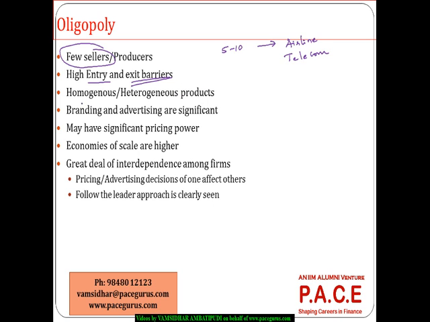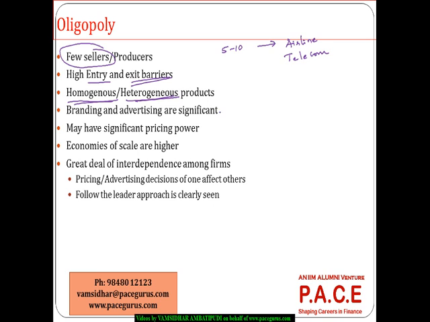And in some cases, the products could be homogeneous or they could be differentiated. If they are differentiated, obviously advertising and branding costs are much higher. Even if they are homogeneous products, the advertising costs are high, because it has to be a kind of buzz creation at any point in time.